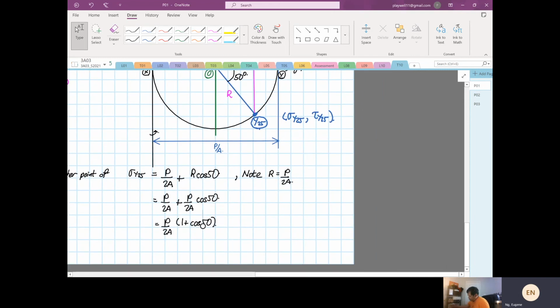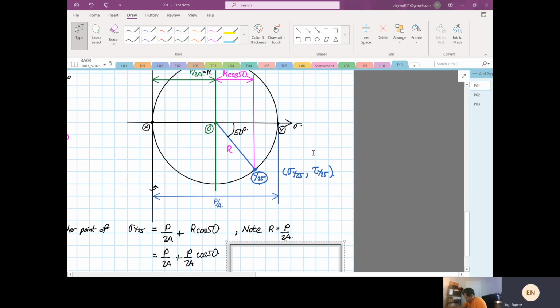Then I'm just going to write it in a small box over here, because I want to use the same figure. Next, we want to find our shear, so we want to find the height, this distance from here to here. That distance is more straightforward: R sine 50.